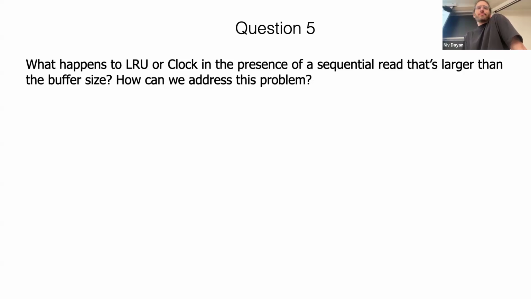What happens if I have a lot of big sequential reads in my workload? In particular, suppose I have a given buffer size, and I'm issuing the same sequential read over and over, and that sequential read slightly exceeds the size of the buffer. What might happen? Let's give it a few minutes, but I can come and talk to you. Does everybody get the question?